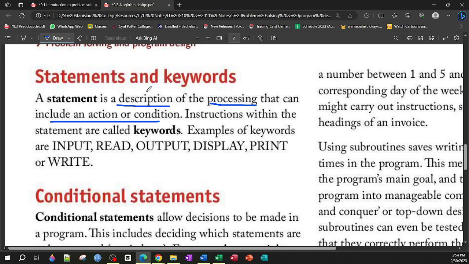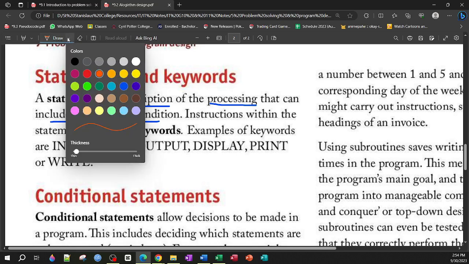So it's a description of the processing action, what action is going to be carried out. The statement tells the program what processing action or condition is going to be carried out. So it's basically an action word. It's like a verb. Think of it that way, telling you what is going to happen.